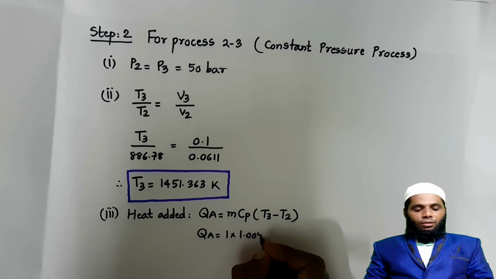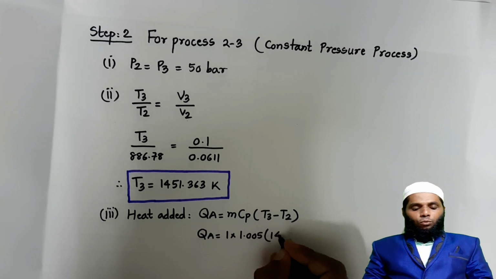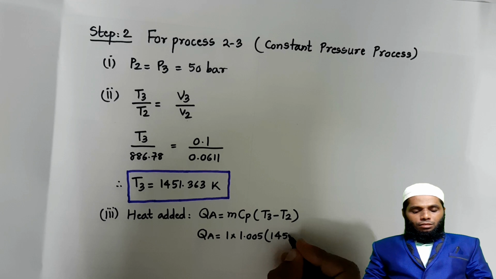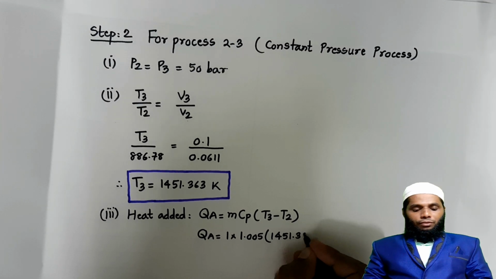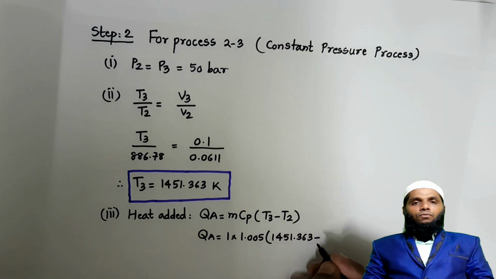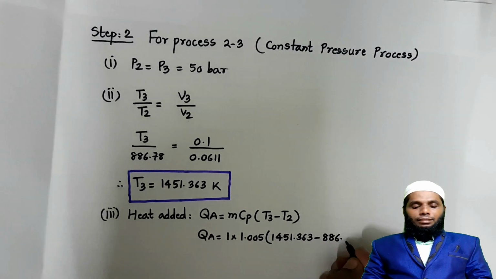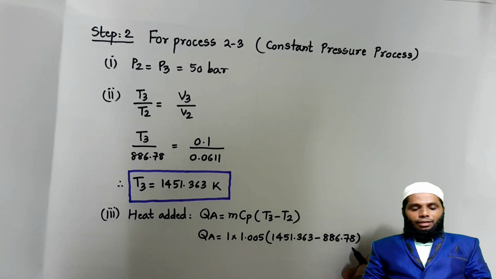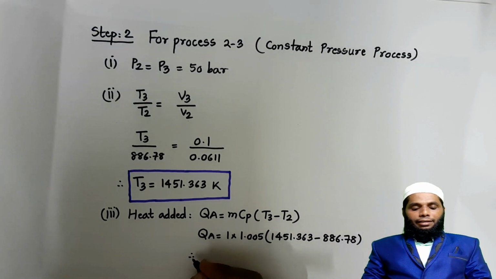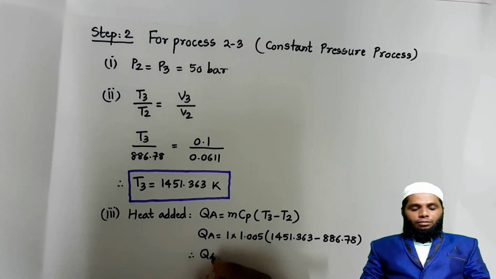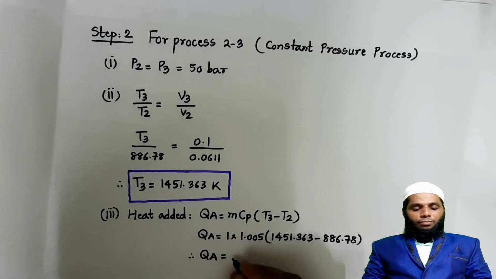Therefore QA is equal to 1 into 1.005 into bracket 1451.363 minus T2 value that we have 886.78 Kelvin.